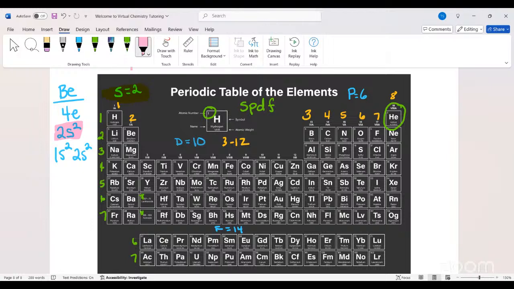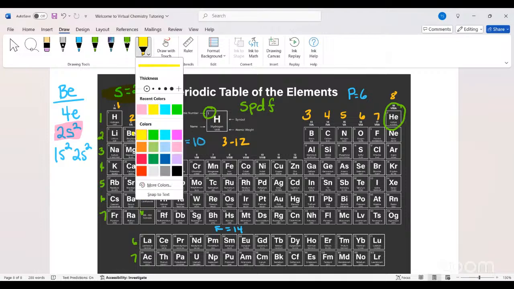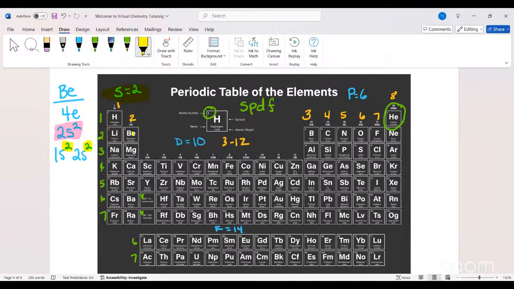So now, if you add up these two little yellow twos right here, 2 plus 2 gives you 4 electrons. And voila, there it is right there. That's how you get the electronic configuration for these elements.